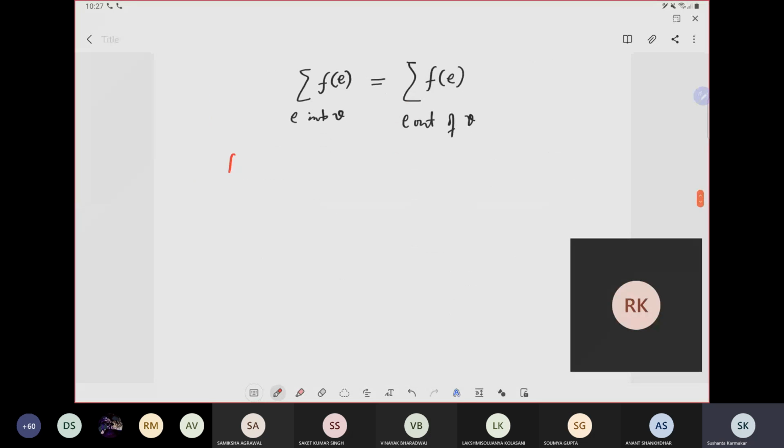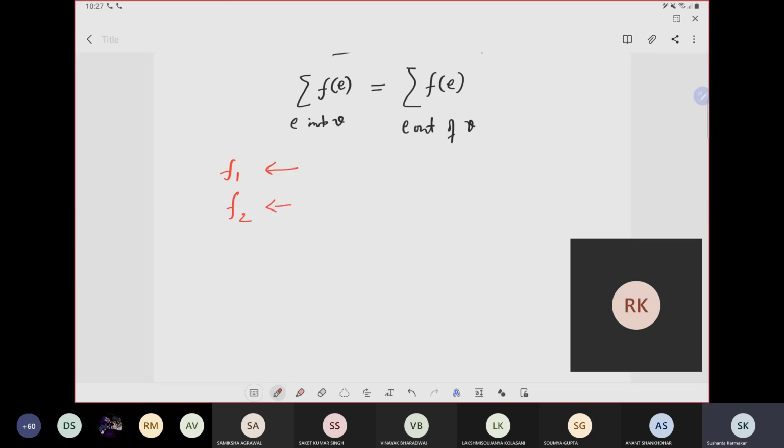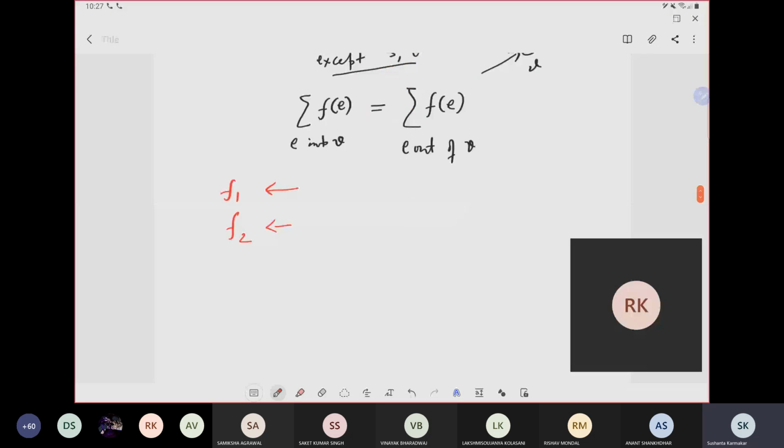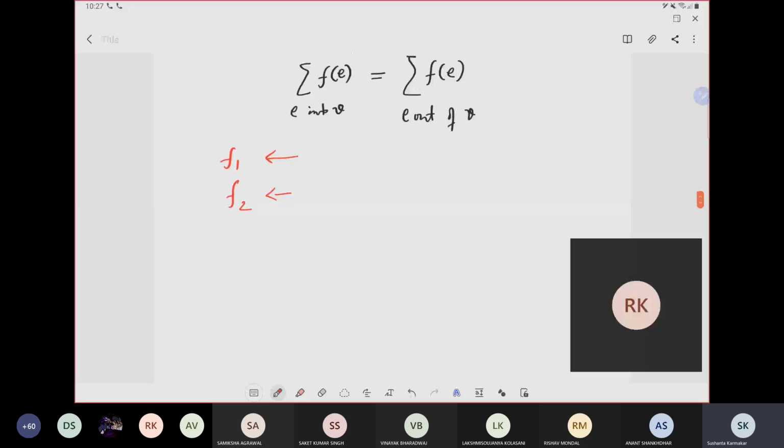Let's say f1 is one such function. Now f2 is another such function. Valid functions means it satisfies both these conditions. In this way, I can say Fn is another such function. So there are multiple such functions possible.